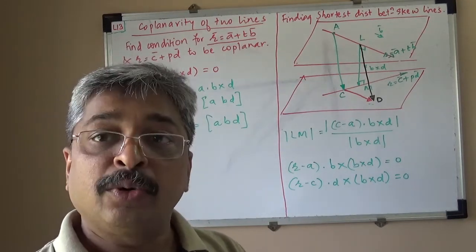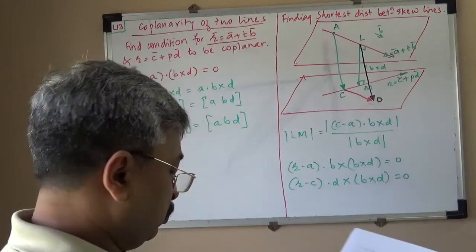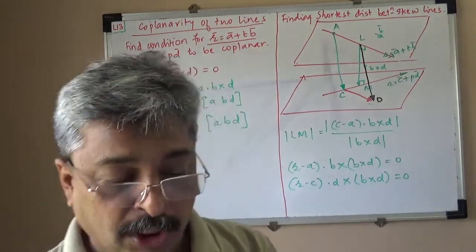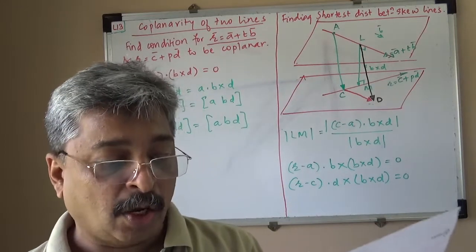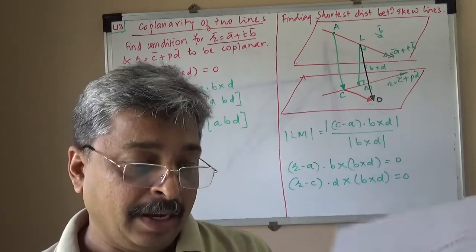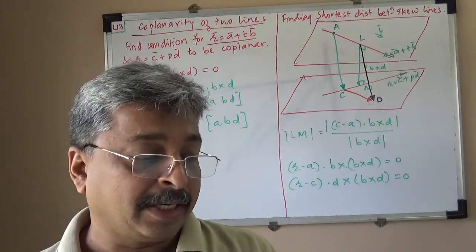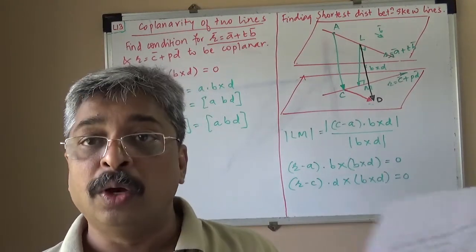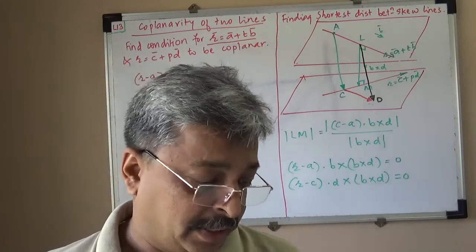So let us get into solving a couple of problems. First problem is, show that the planes through each of the edges of a trihedral angle bisecting the internal angle between the other two are coaxial.